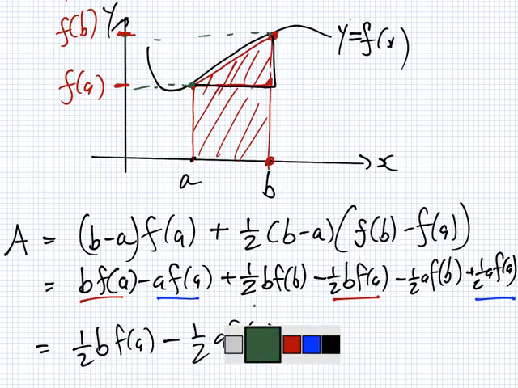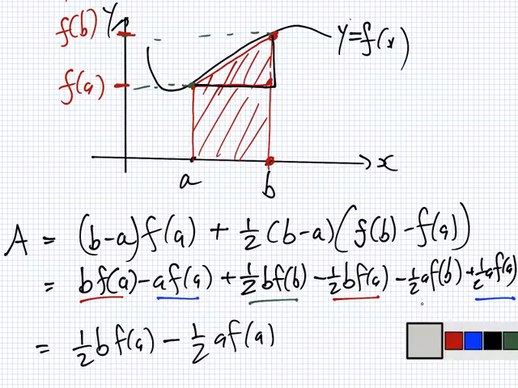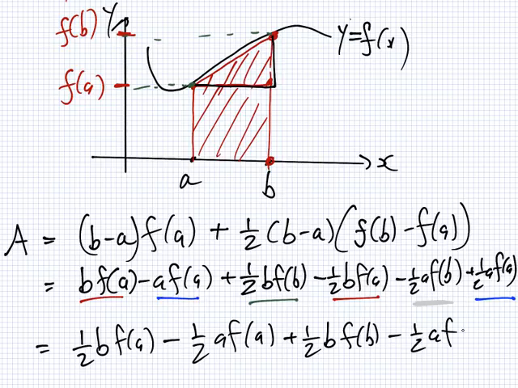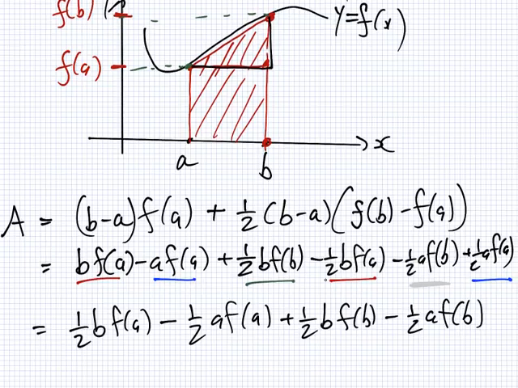Now, do I have a b f(b)? No, because this is something different. This is a f(b). So I can just say plus a half b f(b) minus a half a f(b). Well, I suppose a half is in everything.